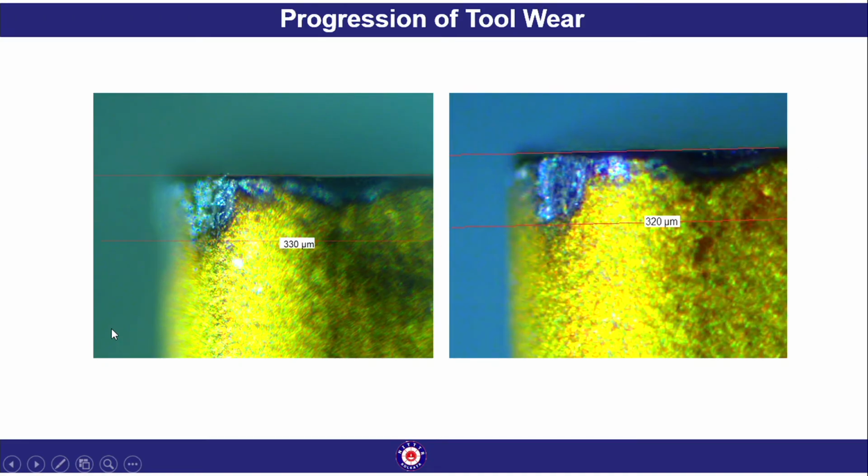This is a microscopic view of the surface of a cutting tool. This is the wear, and this is another measurement, the same measurement but more wide, 320 micrometers, that means this length is 330 micrometers. This shows how the wear progressed.